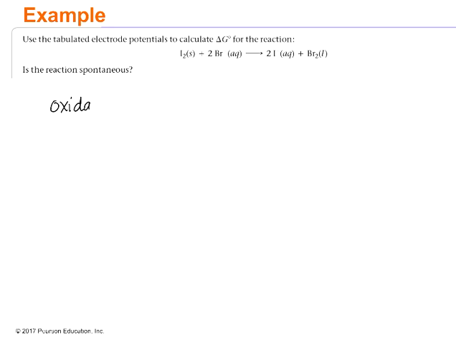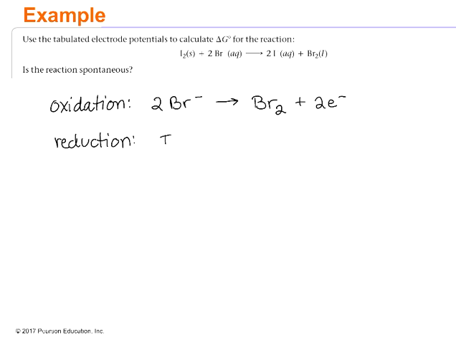Let's write out our two half reactions. Our oxidation half reaction involves bromide becoming bromine and losing 2 electrons. And the reduction half reaction involves iodine gaining 2 electrons to become 2 iodide ions.